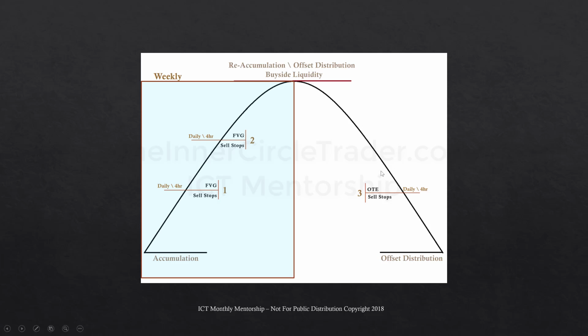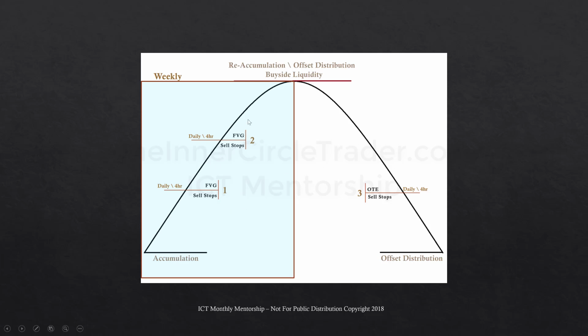As price starts to break down, if it takes out the second level or second stage reaccumulation on the left side of the curve, or the buy side of the curve of a market maker sell model, if it breaks that down and trades below the first, okay, what will happen is many times it will reach for the sell stops that would be resting right below stage 1 reaccumulation.